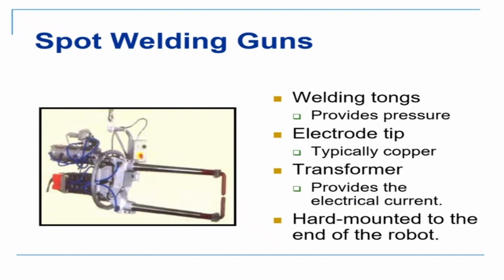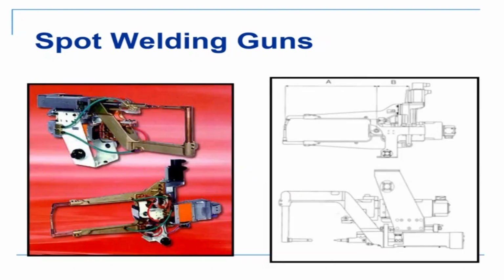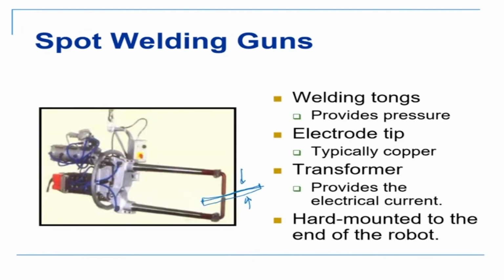Now the electrode gun looks something like this. There are two parts, and we have this sheet here and this sheet here, and it catches them in this direction, then passes the high current, and you have a weld. There are different kinds depending on which direction you're welding. Say the previous one is holding a sheet horizontally.